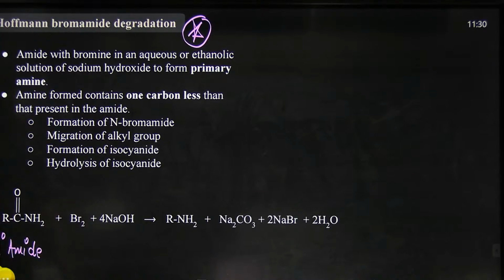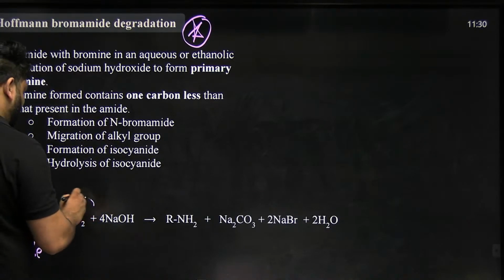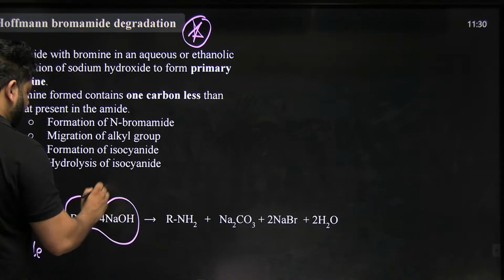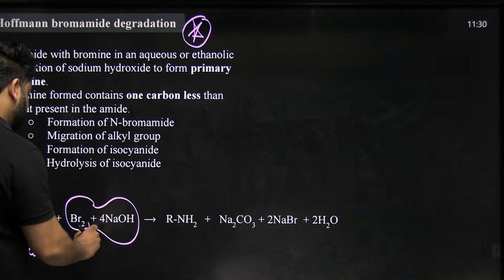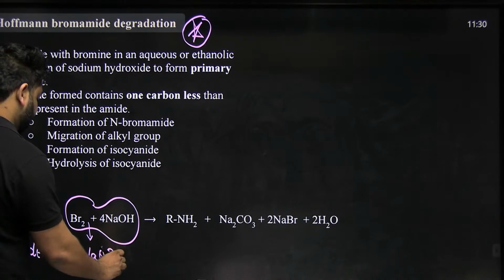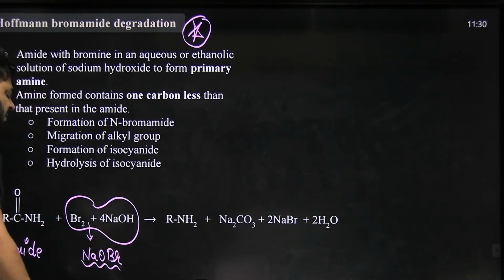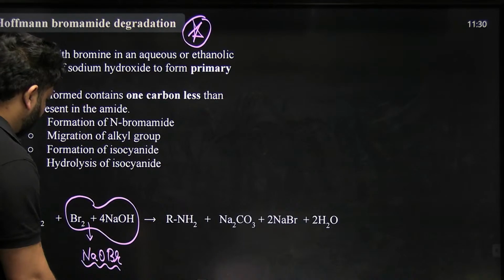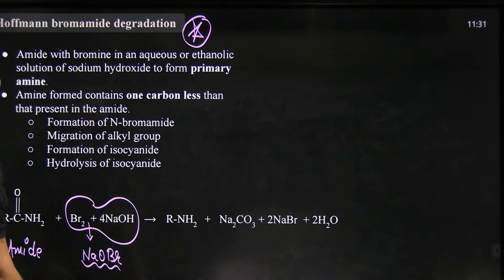When the 1 degree amide comes in contact with bromine and NaOH, which can also be written as NaOBr, it disproportionates and forms Br minus and NaOBr. So we will be getting one lesser carbon atom.